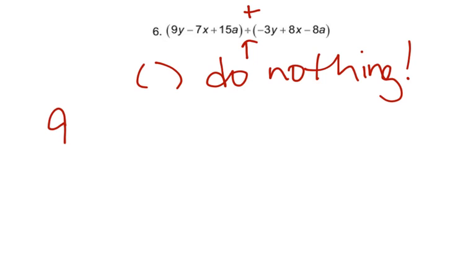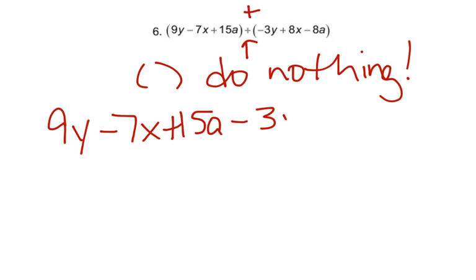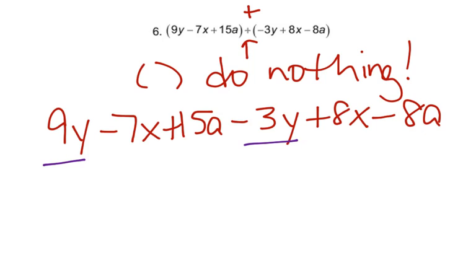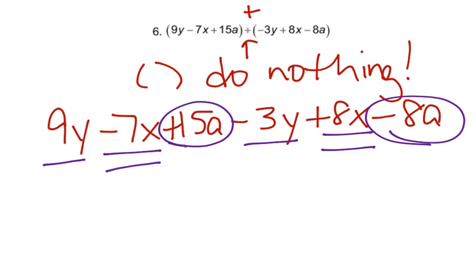So it's the same thing as saying 9y minus 7x plus 15a minus 3y plus 8x minus 8a. Going to find our like terms. 9y minus 3y, negative 7x plus 8x, and 15a minus 8a.